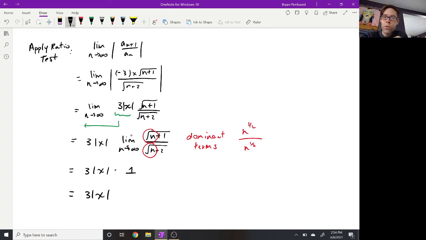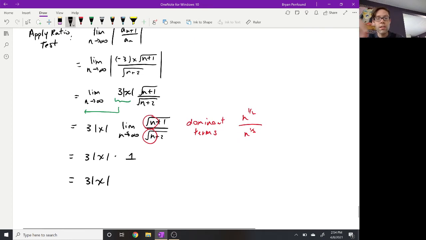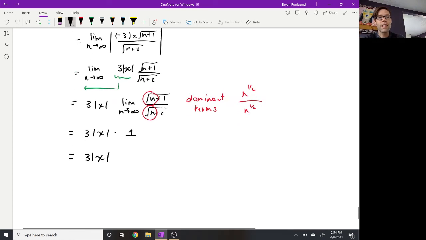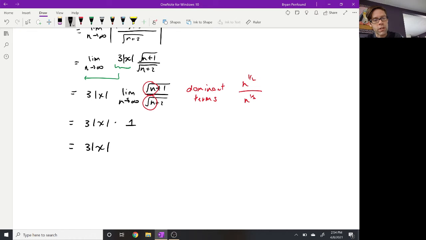Now, because we're utilizing the ratio test, we want this limit to be less than 1 for absolute convergence. Okay, so now we're going to start breaking this up into our interval of convergence and trying to figure out where things converge and diverge. So step 1. Let's find our interval of absolute convergence.